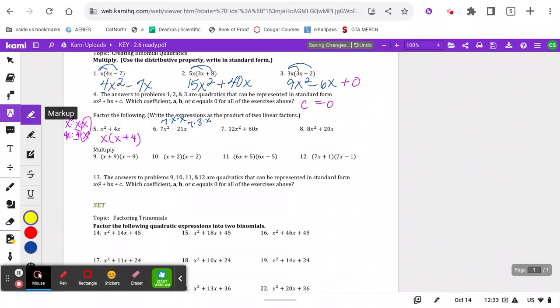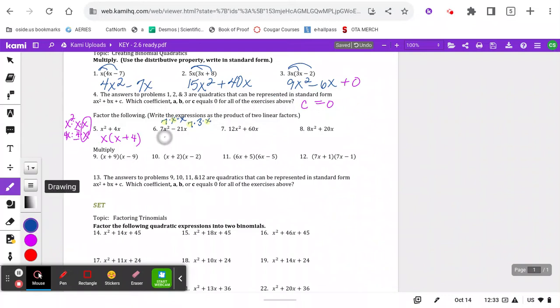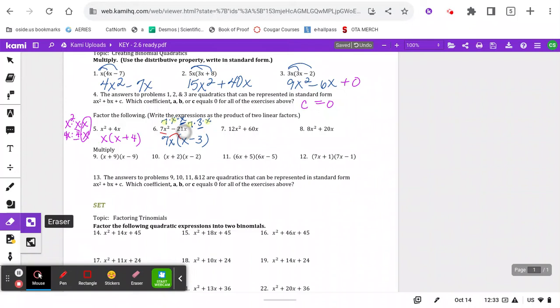Then I notice that there's a 7 in common and one x in common, so that 7x is my greatest common factor. Then what's left over? There's one x here, a minus in the middle, and a 3 right here. And then I double check myself by multiplying. 7x times x, yep. 7x times negative 3, yep. Think I've factored it correctly.